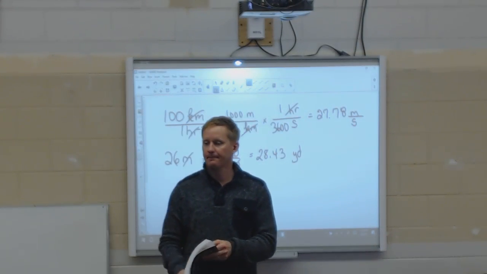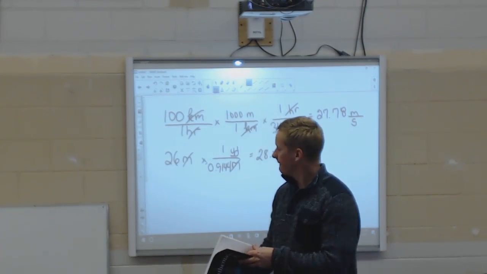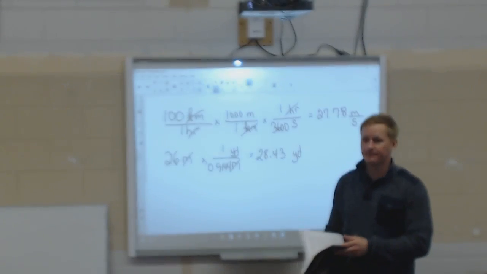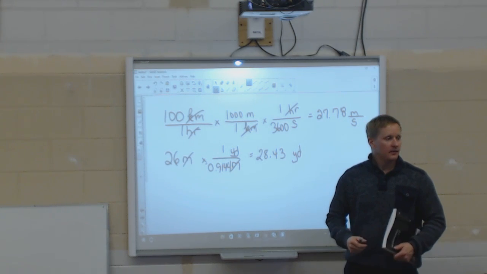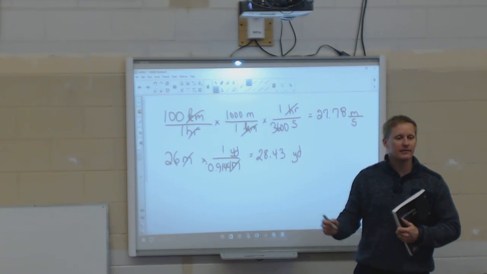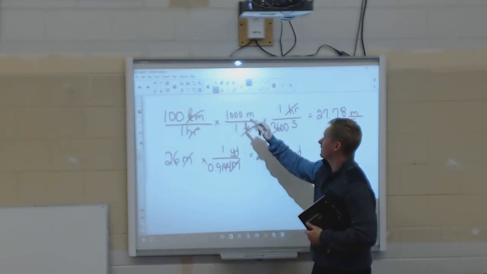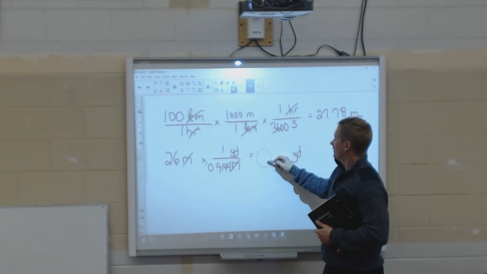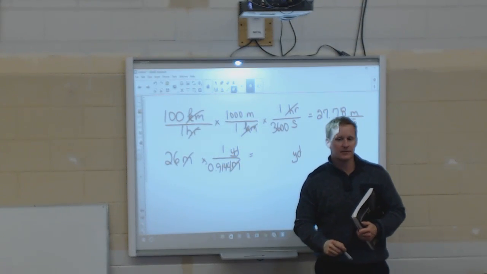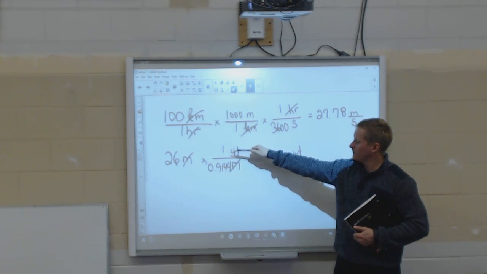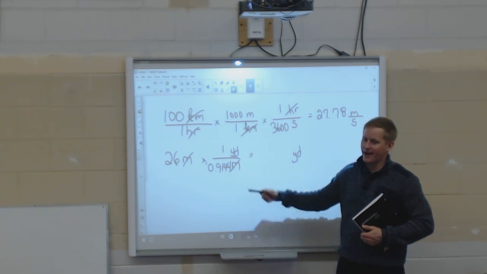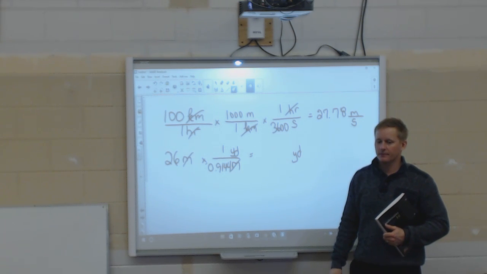Are they multiplying when they do 26? I think they're multiplying. Are they? Yes, they are too. Okay, so let's go back and do this again, because I also think that's not right. Now, let's just talk about it for a second. 1 yard has 0.9144 meters in it.